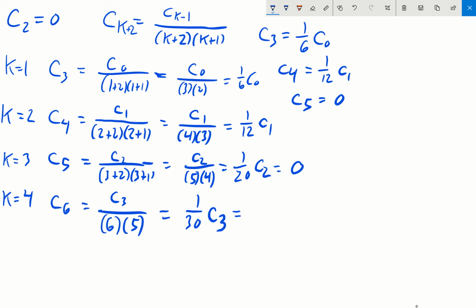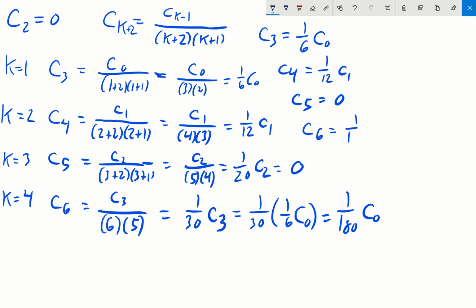But if you look back, we know what c3 is equal to. c3 is equal to 1/6 c0. So it's going to be 1 over 30 times 1/6 c0, which is going to give us 180 c0. So c6 is going to be 180 c0.